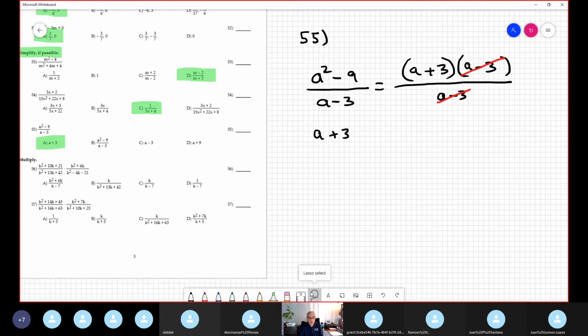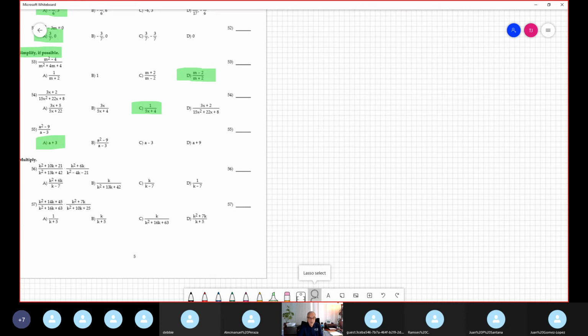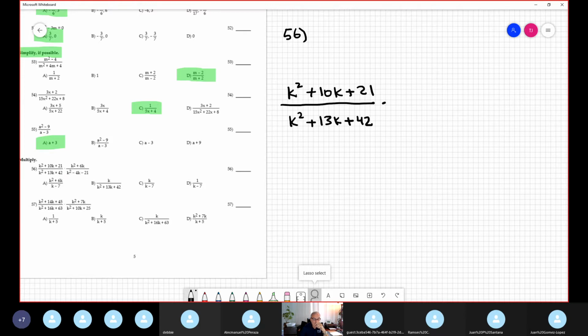Okay, let me try 56, no big deal, but it's very, very long. 56 is, let me copy: k squared plus 10k plus 21 divided by k squared plus 13k plus 42, times, it's multiplication, we have one rational expression and another: k squared plus 6k divided by k squared minus 4k minus 21.